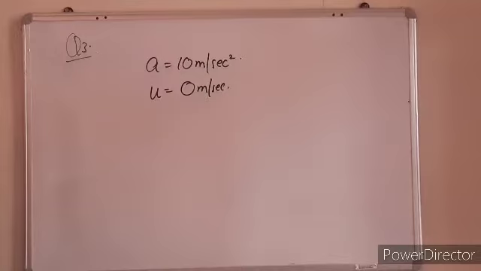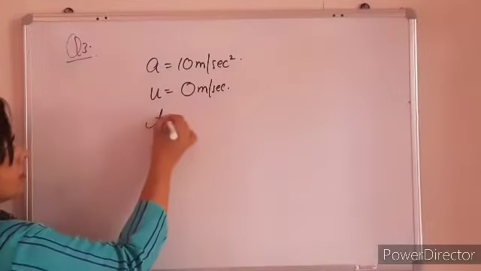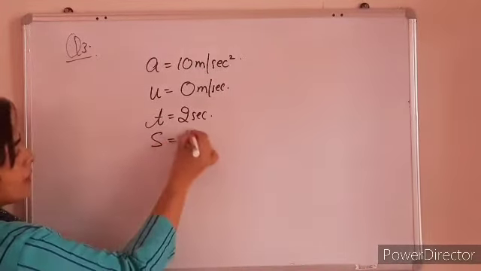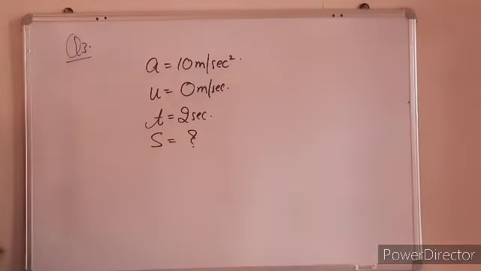This rest means that the body is not having any velocity, so at that time the velocity of the body is 0. And then they want to find out how much distance it will cover in 2 seconds. So time is given as 2 seconds. How much distance will it cover? Distance we write with S.